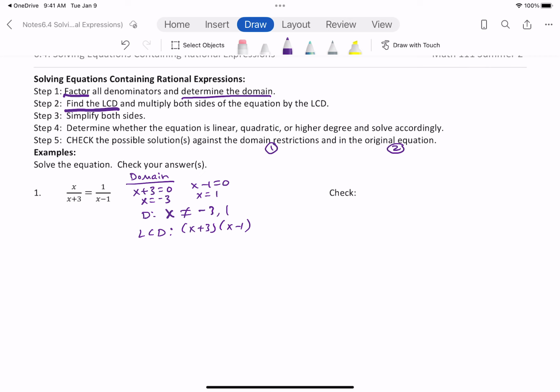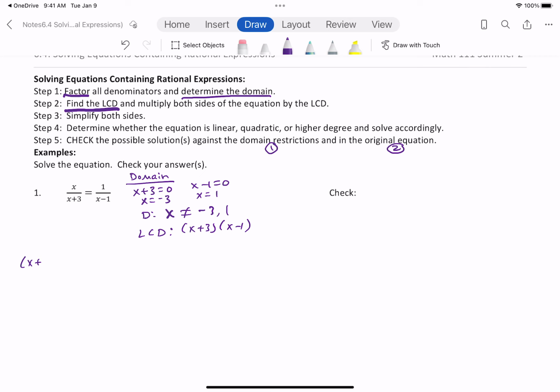Now what is different from what we did previously is we're now dealing with a rational equation. We have an equals, so I'm not going to try to make both of these have the same denominator. I'm trying to get rid of the denominators. So we're now going to multiply each side by the LCD.